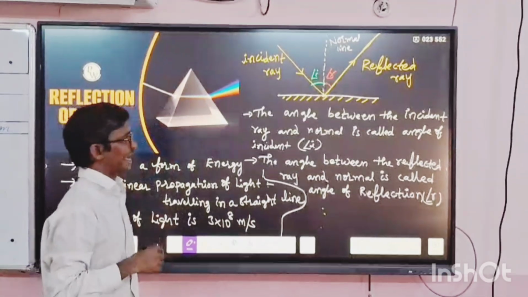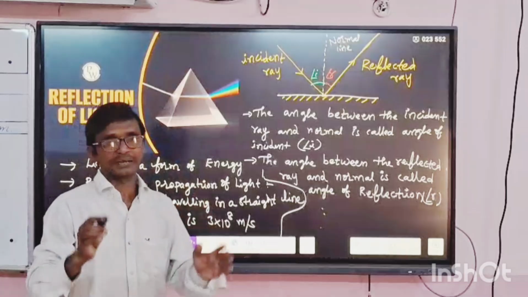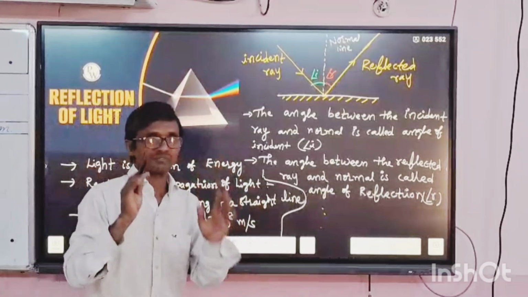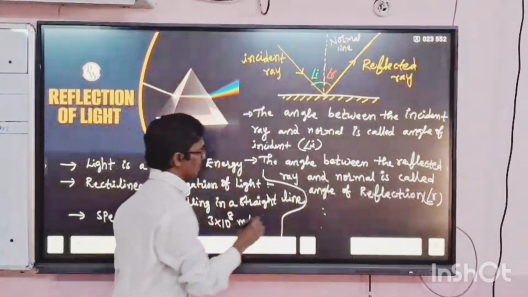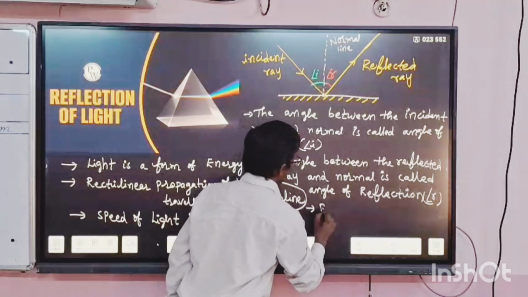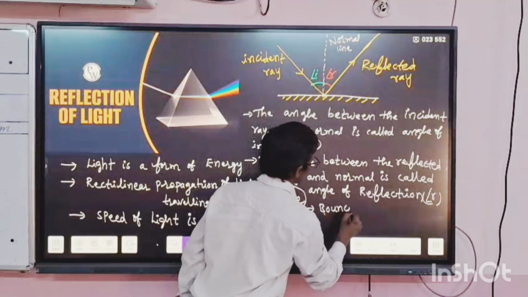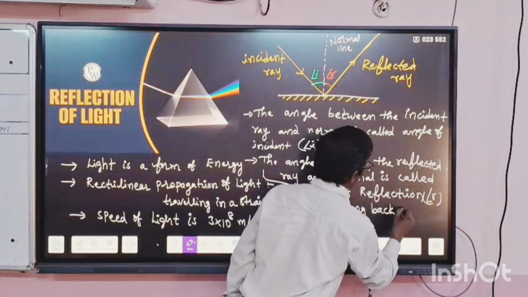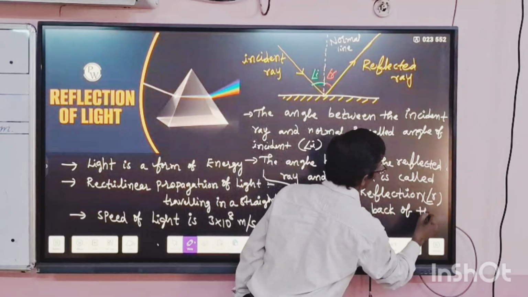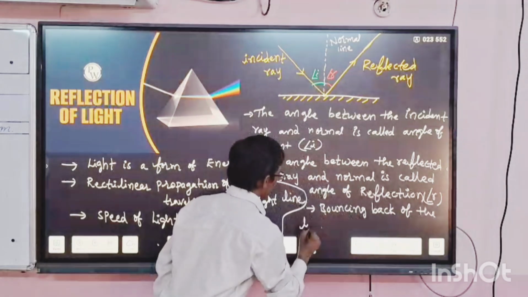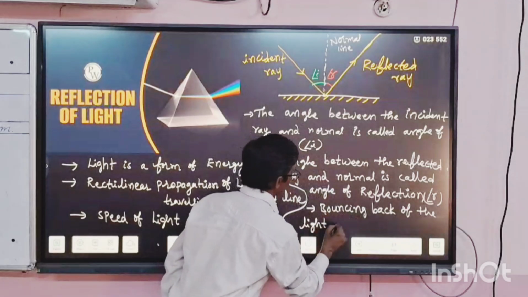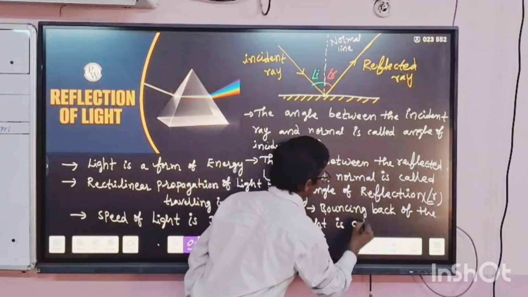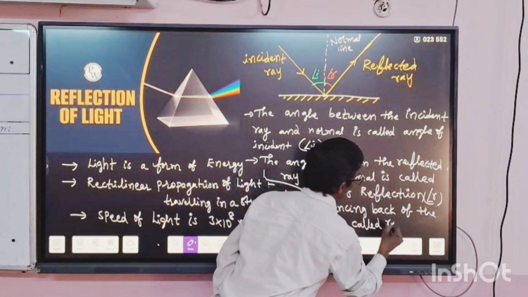Simply, bouncing back of light is called reflection.